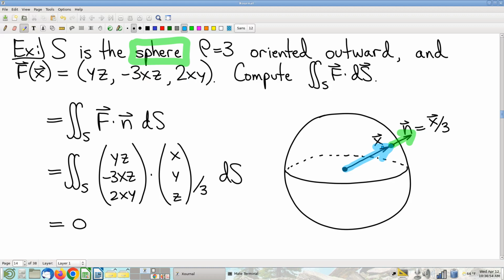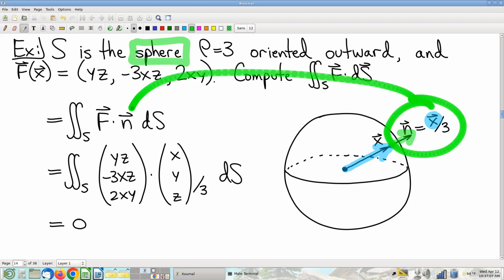This is a sphere centered at the origin, of course, I meant to say. So that's really nice. Knowing that it is a scalar multiple of my position vector allows me to write down a really easy formula for my normal vector. And so just stick it in there and see what happens.